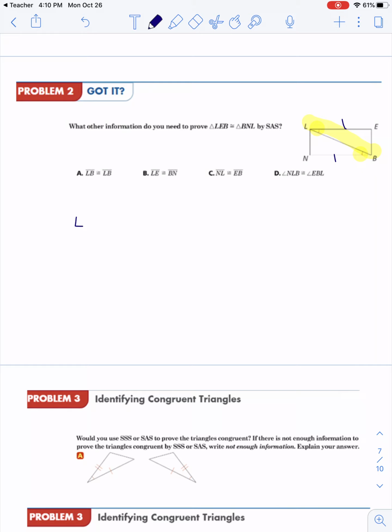So I would need that LE is congruent to NB, or BN. Okay, so LE is congruent to BN. Okay, I hope you got that.